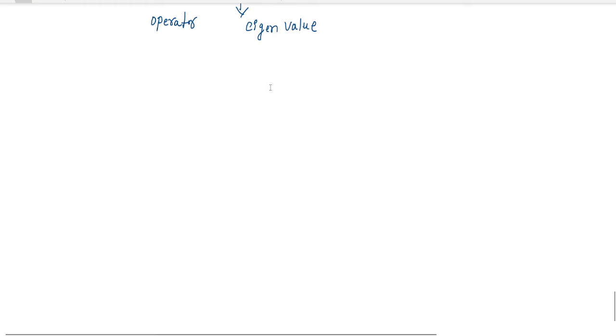So I'm going to use the same eigenvalue equation. Here I'm taking A as the operator. It is applying on the nth wave function of the system, and it gives the same wave function multiplied by some constant value.